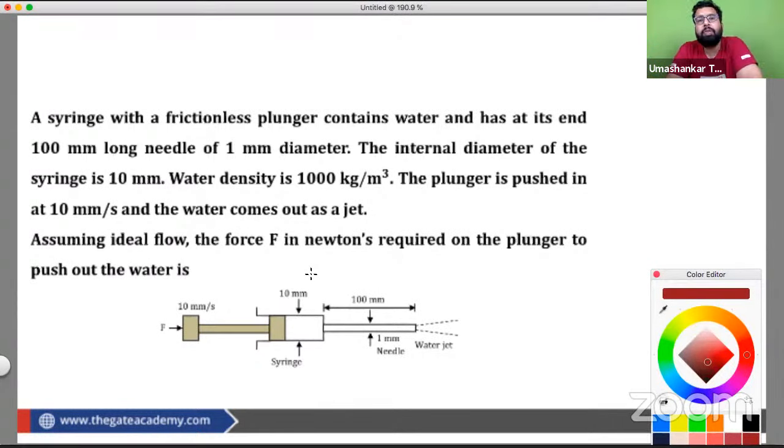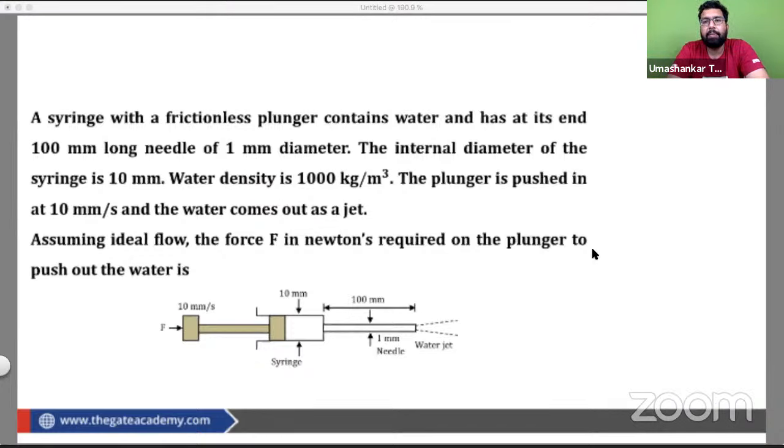A syringe with a frictionless plunger contains water and has at its end a 100 long needle of 1 diameter. The internal diameter of the syringe is 10.